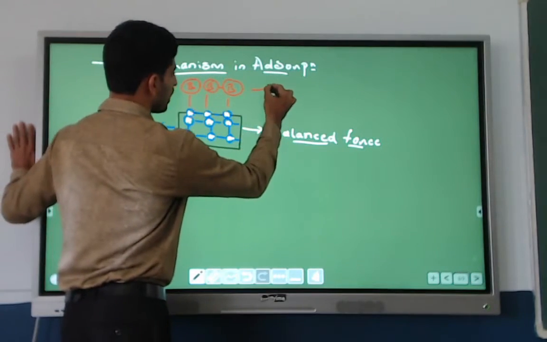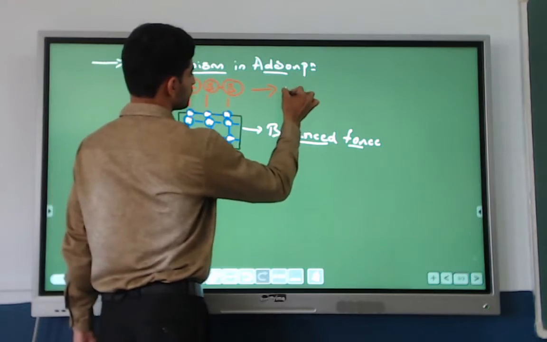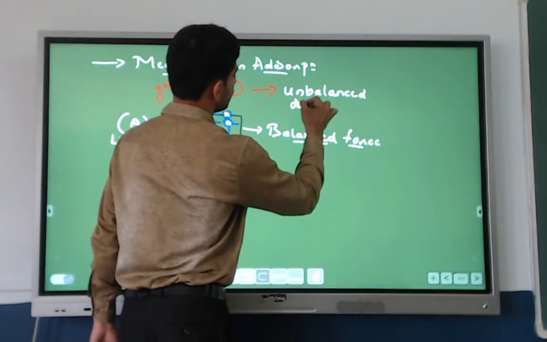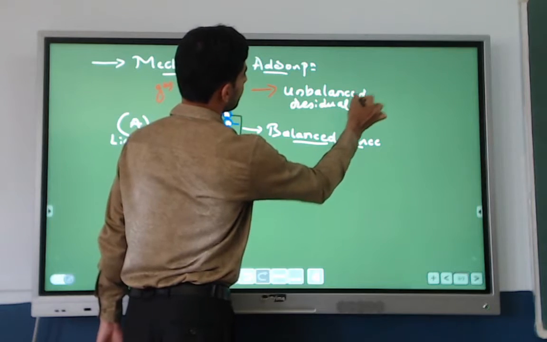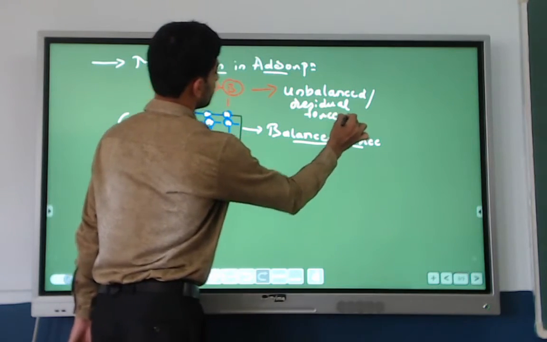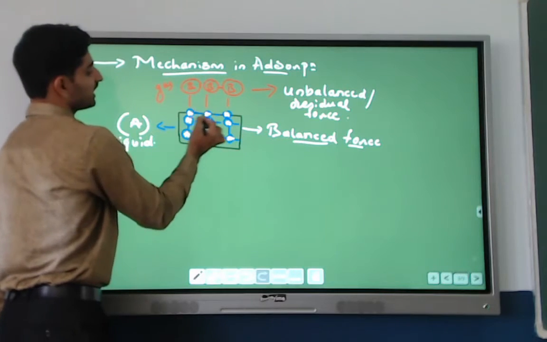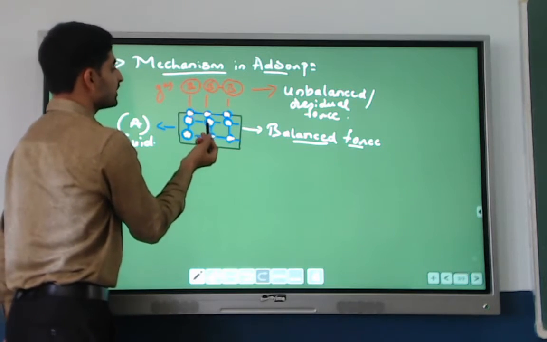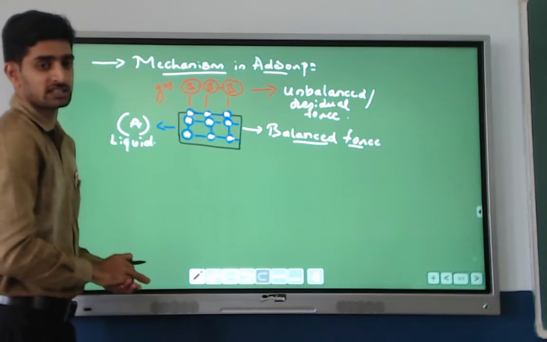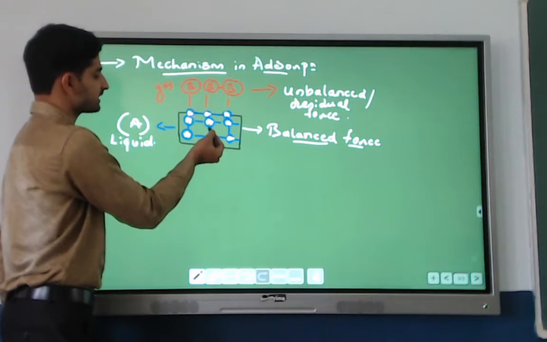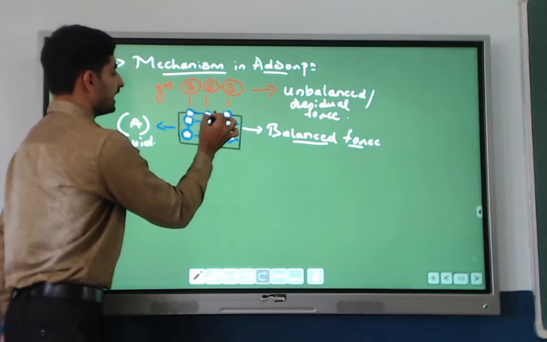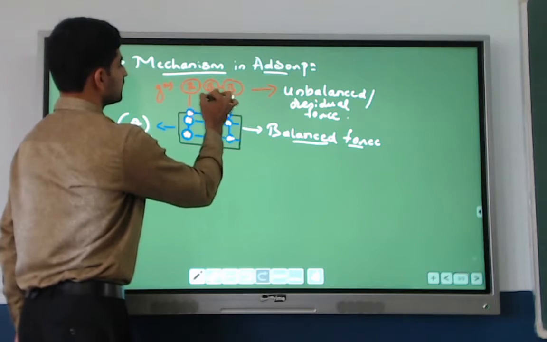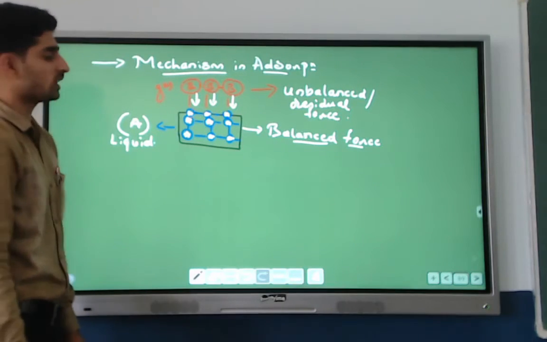So at the surface you are going to observe an unbalanced or residual force. Now what is going to happen? As A is surrounded with A inside, it has an attraction force. Because of this attraction force passing on to each molecule, the A molecules present on the surface start attracting these molecules towards themselves.